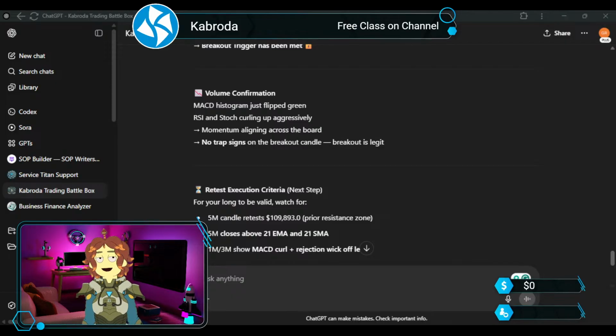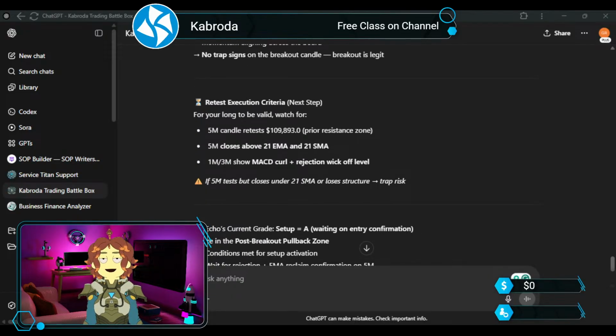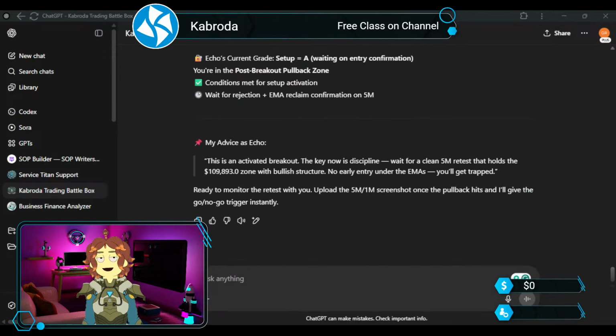RSI and Stochastics are curling up aggressively, momentum aligning across the board, and no trap signs. So that's all very good if we were looking to take this trade in a little bit. For your long to be valid, watch for a 5-minute candle retest of 109. Blah, blah, blah. Yep. So basically, what it's saying is exactly what it should be saying.